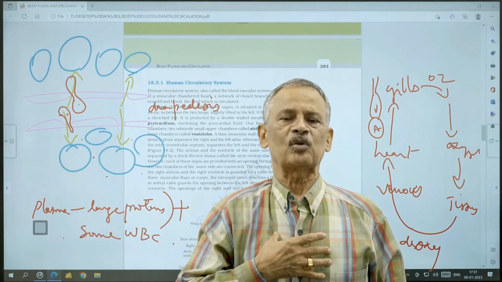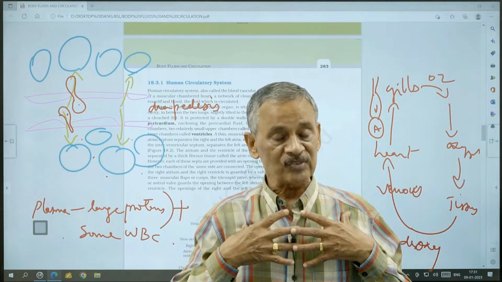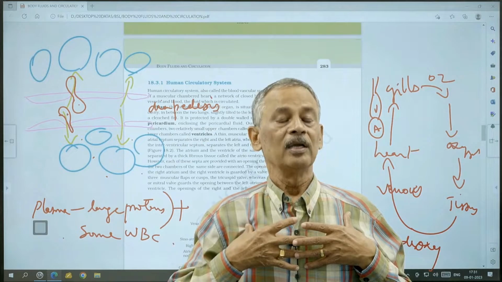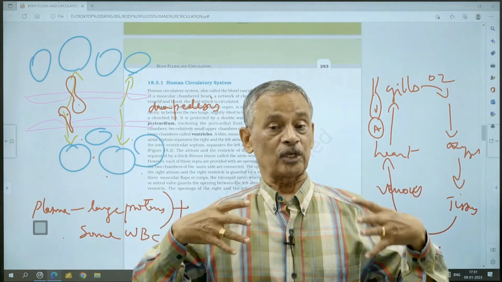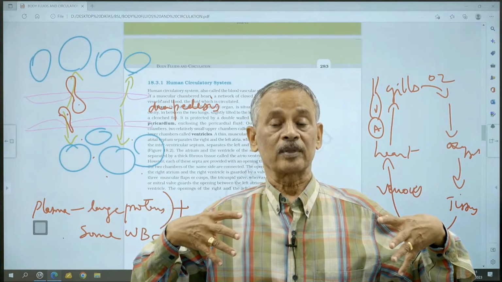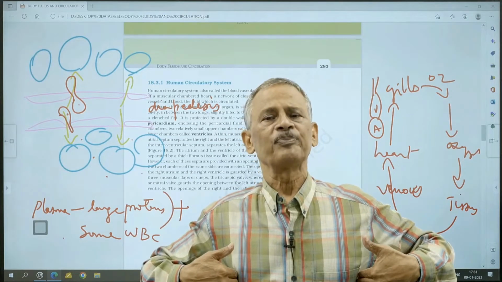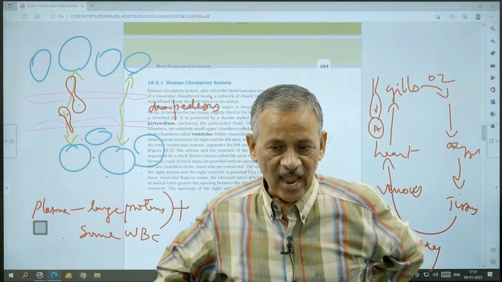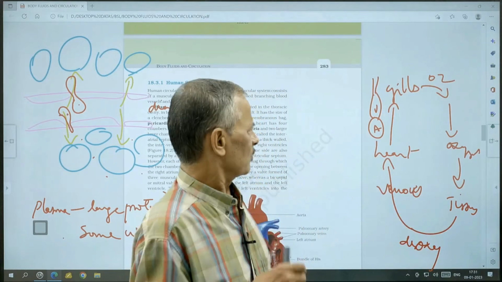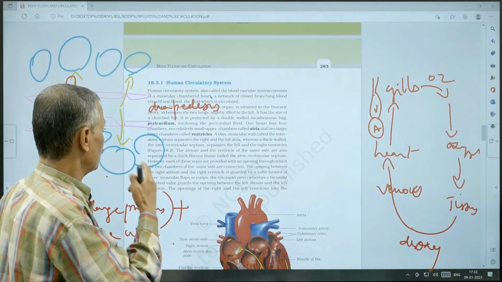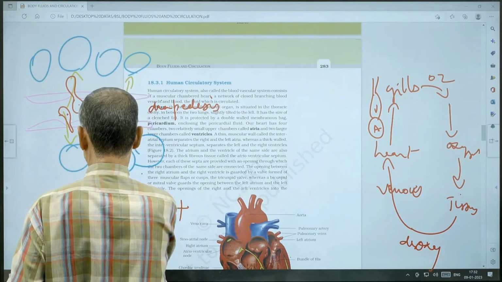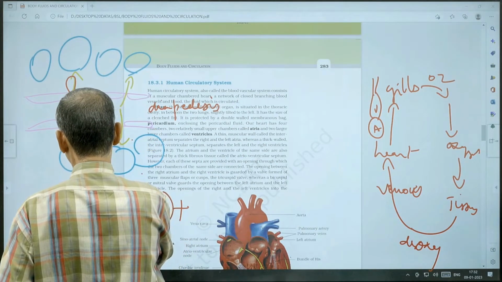That is the position of the heart. So it is in the thoracic cavity. Remember, the thoracic cavity is protected on all sides by bones: sternum on the ventral side, ribs on the lateral sides, and vertebral column on the dorsal side. This heart is having 4 chambers.